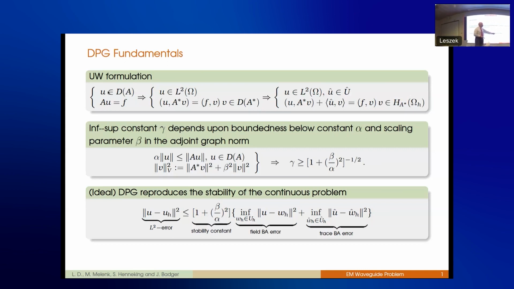If you choose beta 0, then you get 1. But then with beta equals 0, you don't have what we call a localizable norm. It doesn't extend to broken spaces, so beta has to be different from 0. And as you can see, it is desirable to have a small beta because then this is sort of negligible and your inf-sup constant is equal to 1 or close to 1.